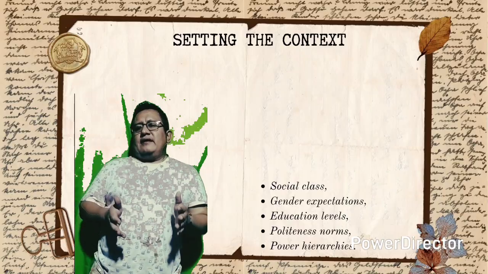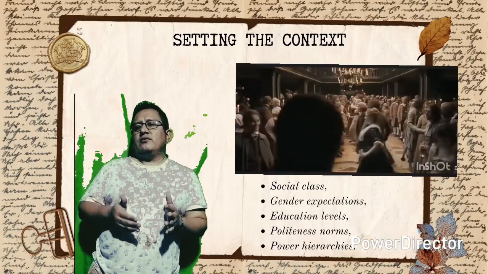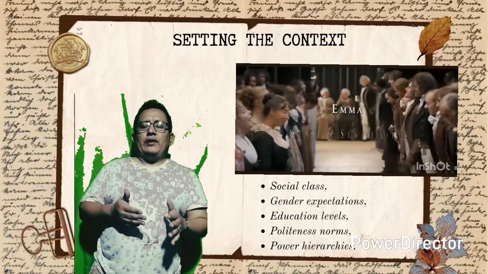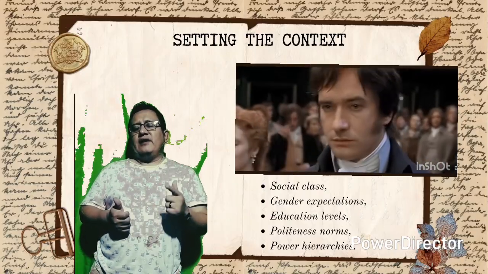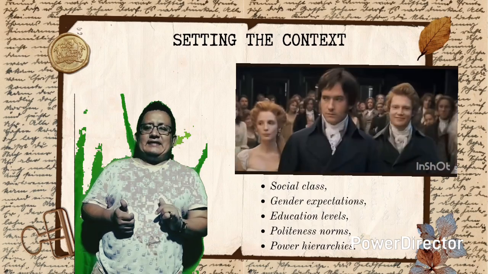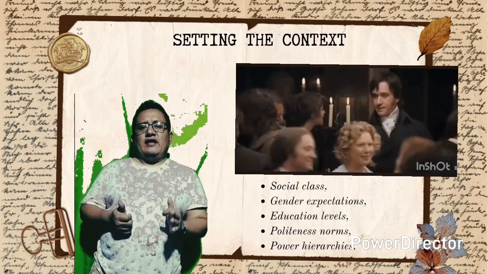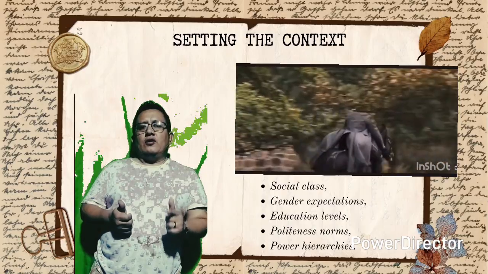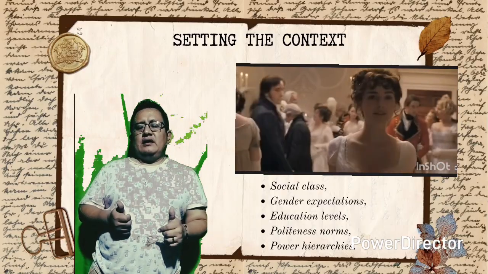Pride and Prejudice isn't just a romance. It's a linguistic and cultural portrait of early 19th century England, where people's language reflects and reinforces social class, gender expectations, education levels, politeness norms, and even power hierarchies.